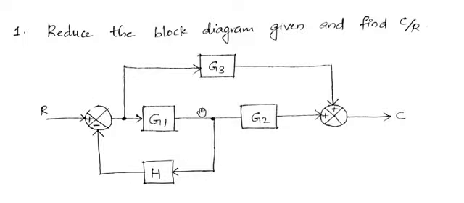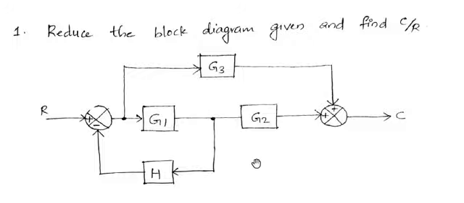Definitely you cannot reduce this area, because again you have a branch point here. As long as this branch point exists, you cannot apply the rule for reducing this loop. To apply the negative feedback loop reduction, you have to shift this branch point somewhere here. Then only you will be able to apply the rule.